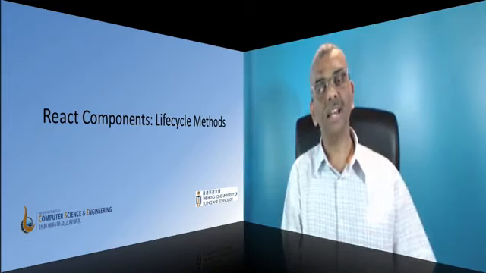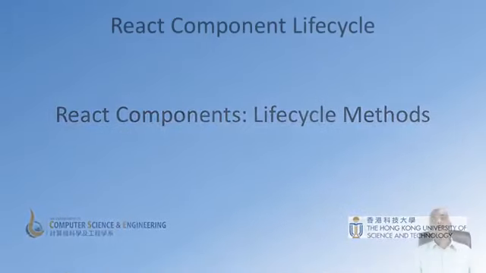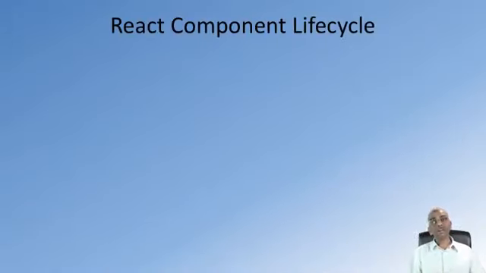What exactly is the life cycle? Let's briefly talk about that. As we realize, a React application is made up of multiple React components that are connected together to form the entire screen of your React application's view.